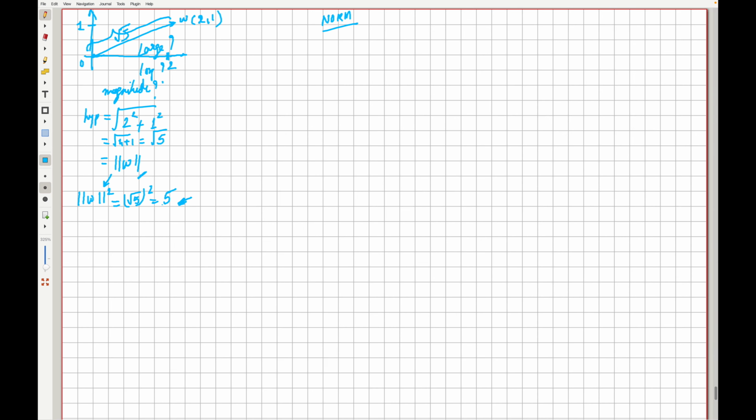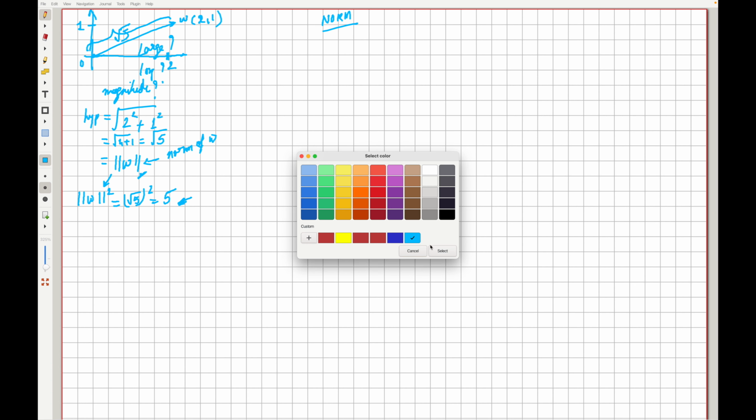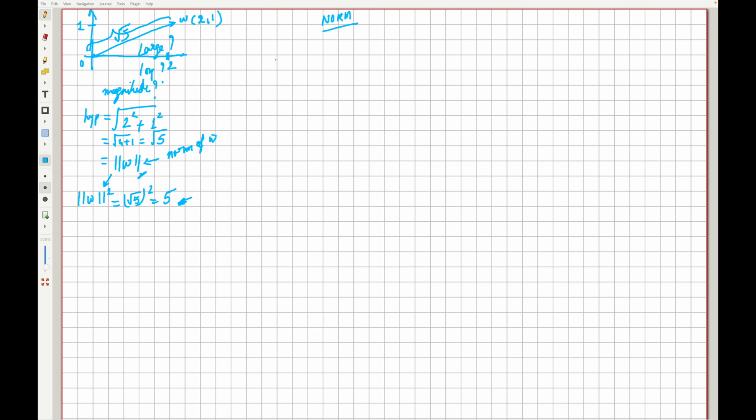The way we read this is we say norm of w, or length of w. And usually it will be a positive value. As we saw here, there are different basic properties for these norms, and we'll look at them one by one.